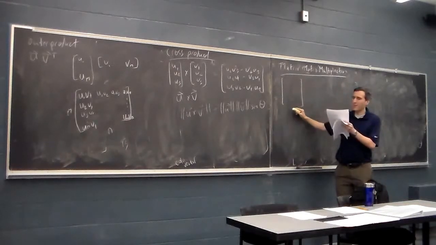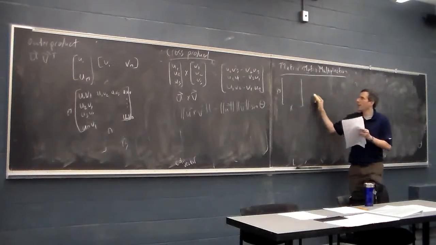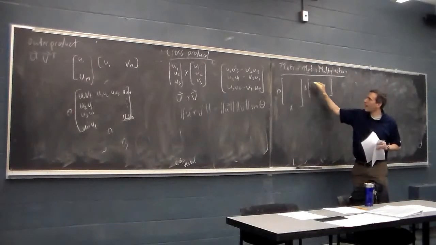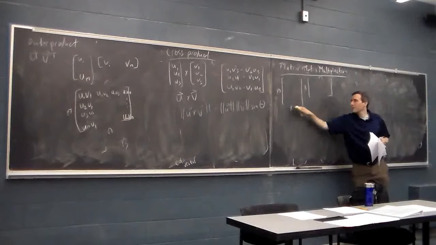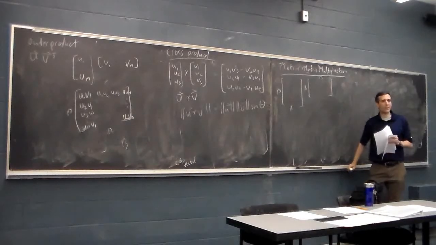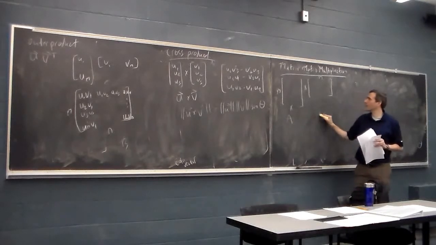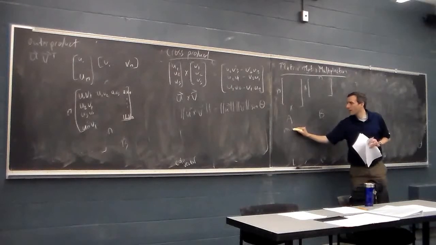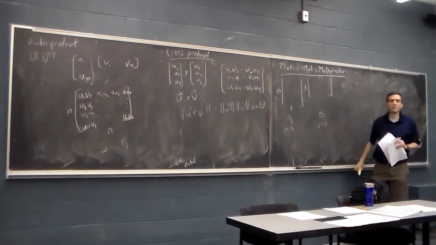I'll assume that one of these matrices has dimension m by x, and the other one has to have dimension x by n for some n. So this dimension of the first matrix has to match this dimension of the second matrix, or else this operation isn't defined. Let's just call this matrix A and this matrix B. So A is an m by x matrix, B is an x by n matrix.